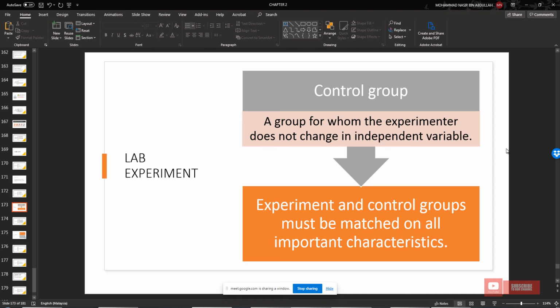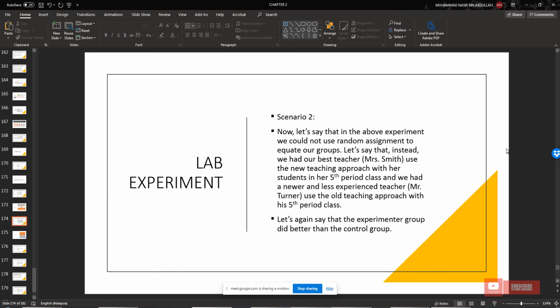One group with Alzheimer's disease, another group without Alzheimer's disease. But I will need to match these two groups on certain characteristics. For example, age. Normally, Alzheimer's disease occurs among people who are more than 60 years old, for example 60 to 65 years old. So one group with Alzheimer's disease is the experiment group. The group without Alzheimer's disease is the control group, right?